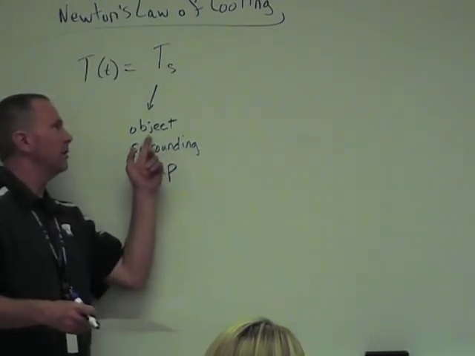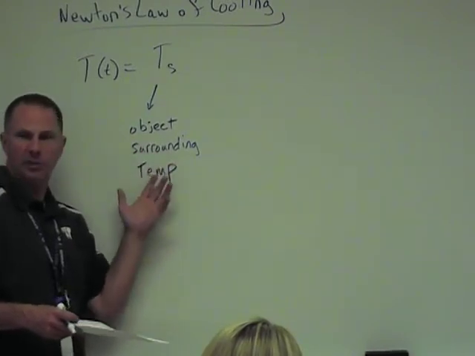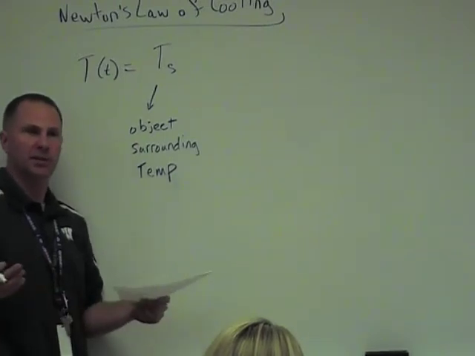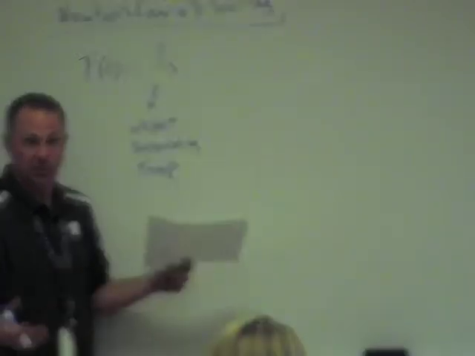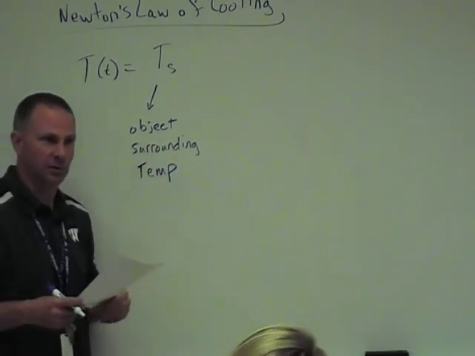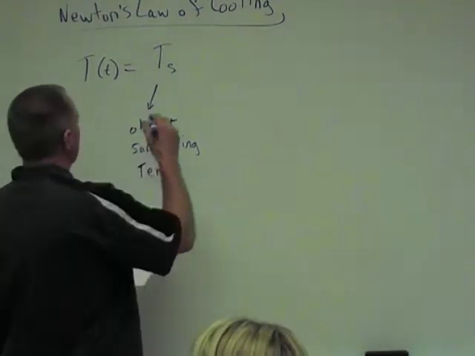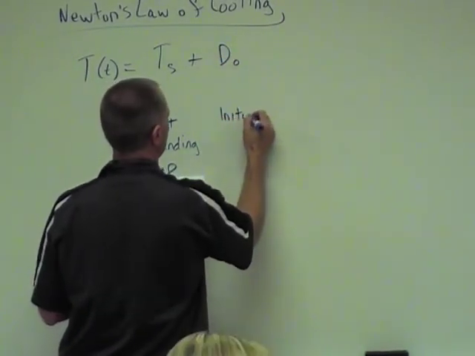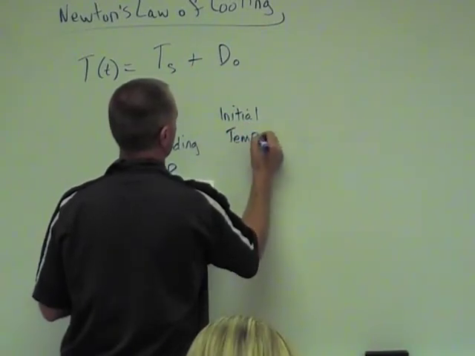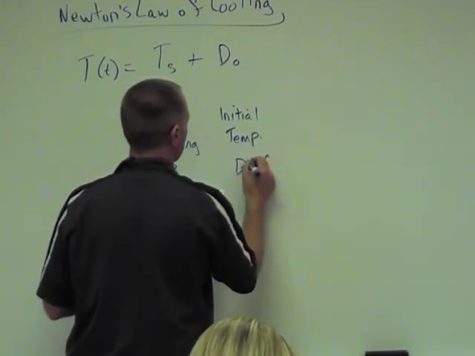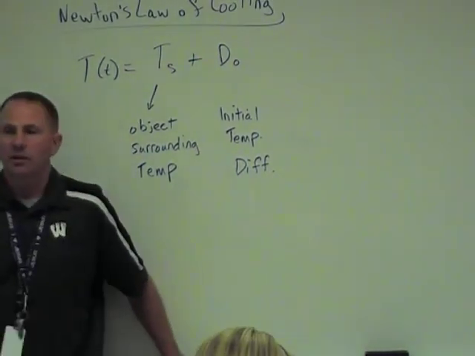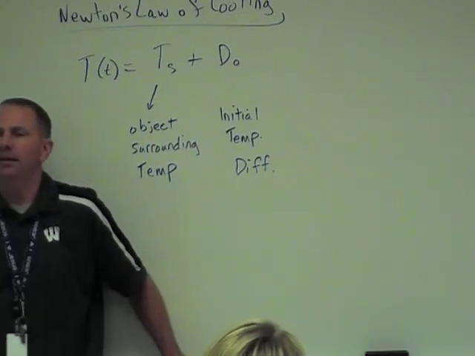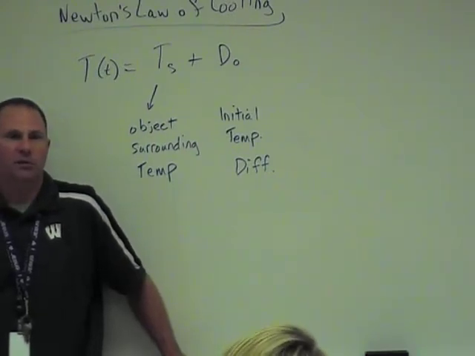The temperature around that object at the time that you're doing the calculation. If it's 60 degrees outside, 60 degrees would be the surrounding temperature. D of 0 is the initial temperature difference, what the temperature would have been before it all began, and then what the temperature is now.